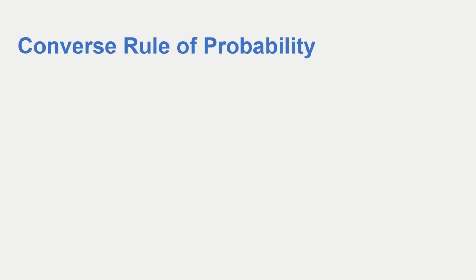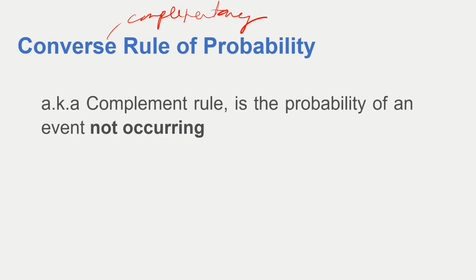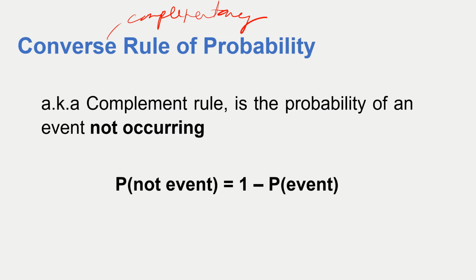So first rule is the converse rule, also known as the complementary rule of probability. The complementary rule is the probability of an event not occurring. If we represent it in an equation, the probability of not event is equal to 1 minus P of event.